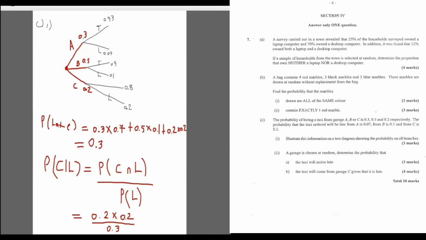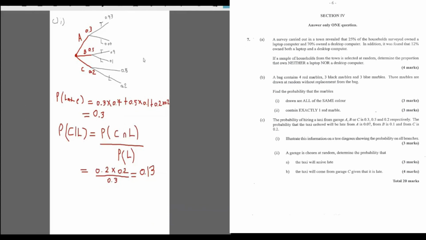So work that out: 0.2 times 0.2 divided by 0.3 works out to be 0.133. Nice and easy. And that's the chance of us choosing taxi C given that it is late.